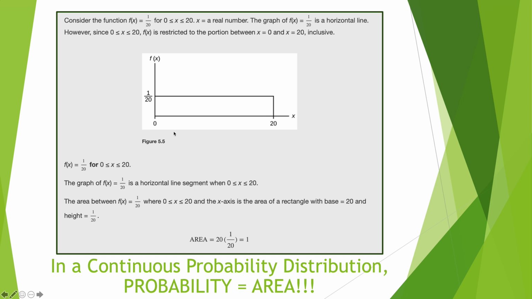And if you check it out, if we figure out the area here, area of any rectangle is always the length times the width. So the length is 20 and the width is 1/20th. And if I do 20 times 1/20th, the area down here, I get 1. So when you do this event, you either have to get a 0, a 1, a 2, a 3, a 4, all the way up to 20, or any score in between.